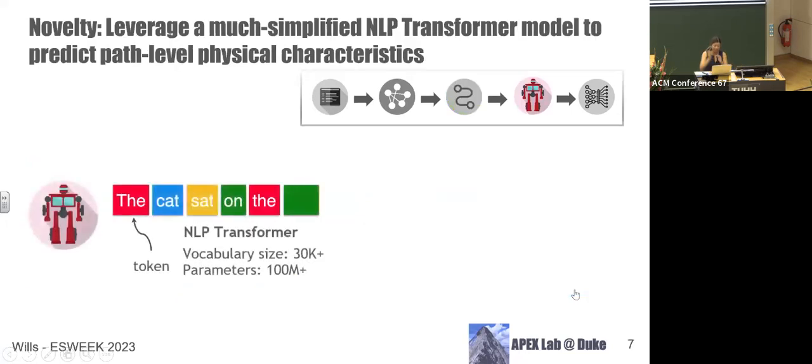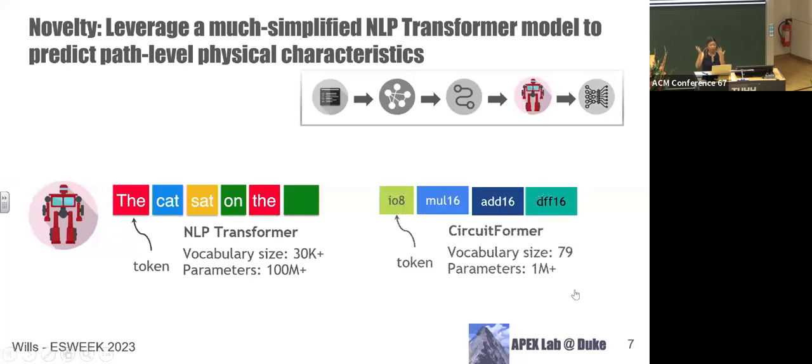So for that reason, we are going to leverage a natural language processing model because they are designed to learn the ordering and the placement and the relationships between words, okay? So each word is a token, making these kinds of models good candidates because we can see the circuit path as being a sentence that has all these functional units in different order and placements.